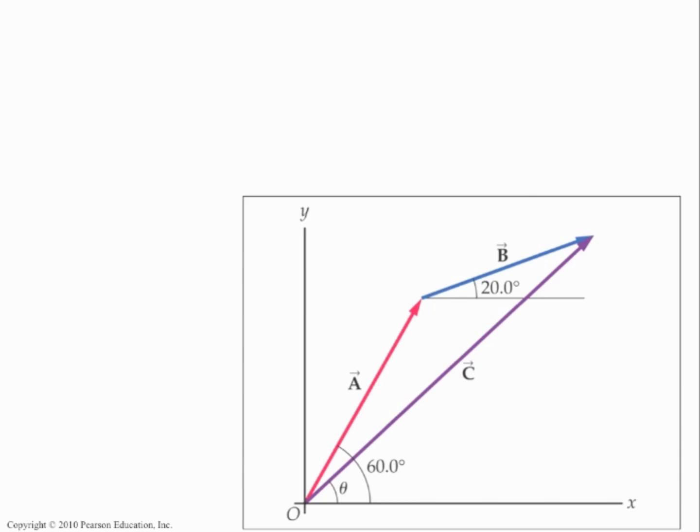Once you get the components of c, you'll be able to get the magnitude and direction of c. So those who are already familiar with trig should pause the video, find the magnitude and direction of c, and then resume when you have your answer. And those who are shaky on trig should just carefully watch the remaining steps.